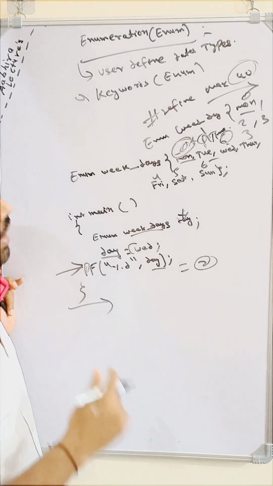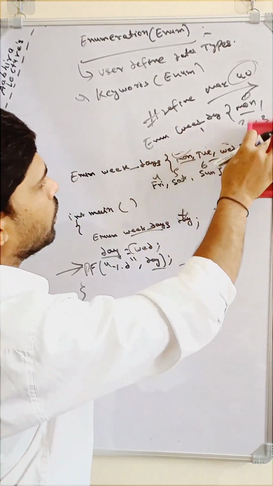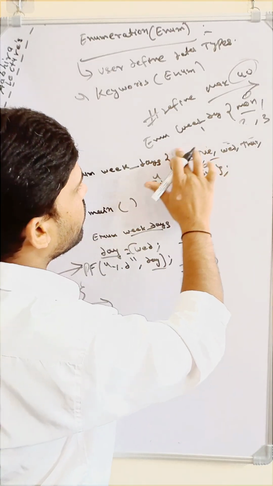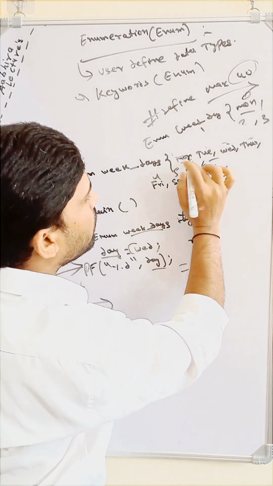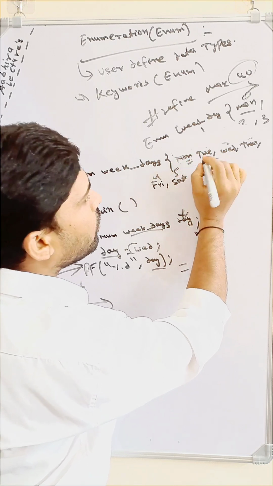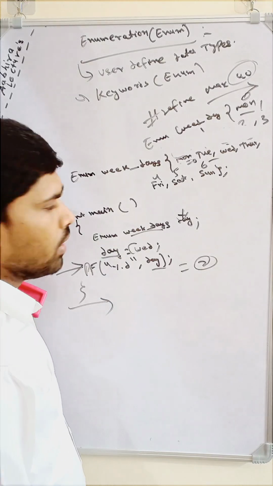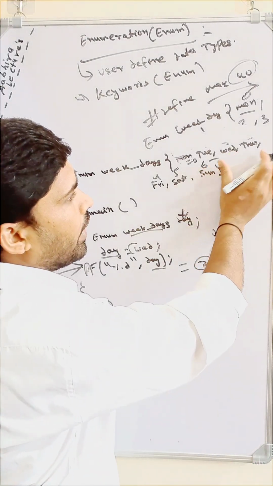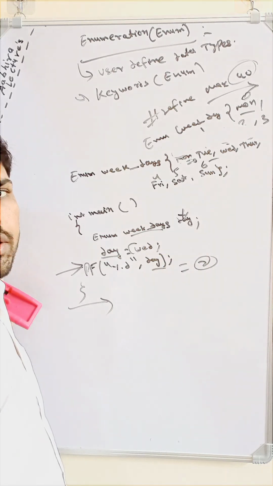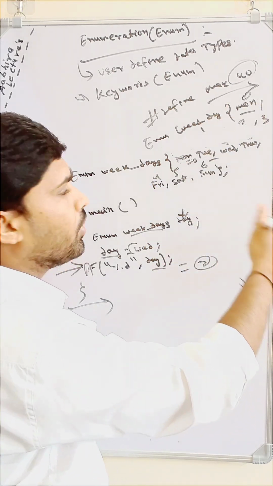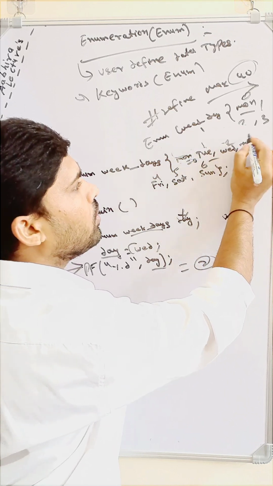And one more thing, suppose here we initialize Monday equal to 0. For the next names we are not giving any value, so it will take from after 0, automatically 1, 2, 3, 4, 5, like that.